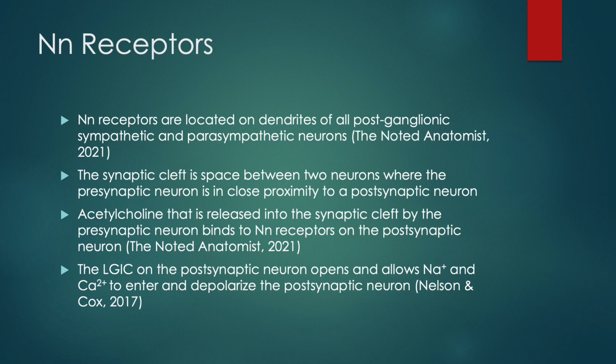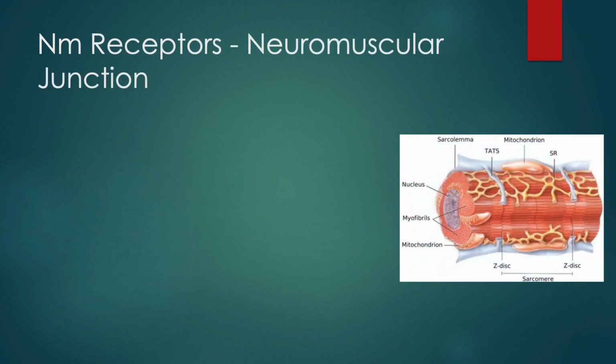So the ligand-gated ion channel on the postsynaptic neuron opens and allows sodium and calcium ions, which are in high concentration in the extracellular space, to enter and depolarize the postsynaptic neuron. And what will happen then is the conduction of that electrical signal will continue into the next nerve, and the next nerve, and so on.